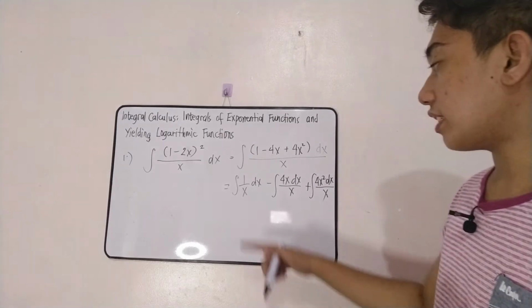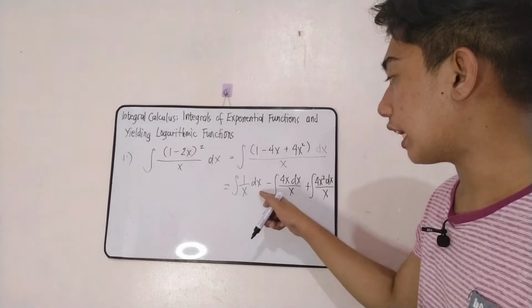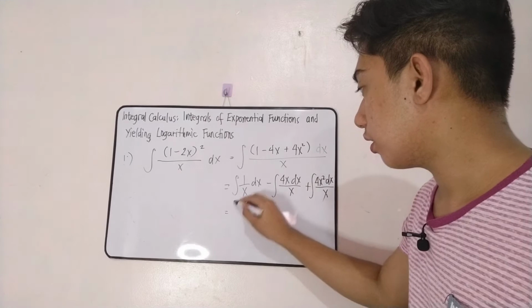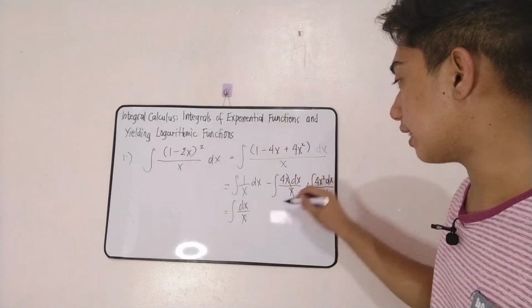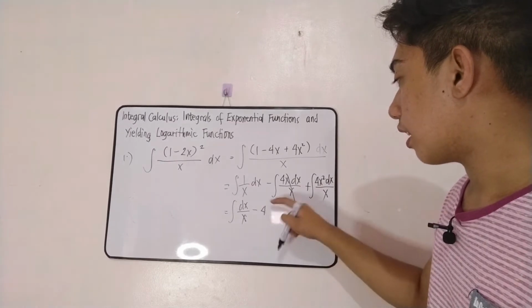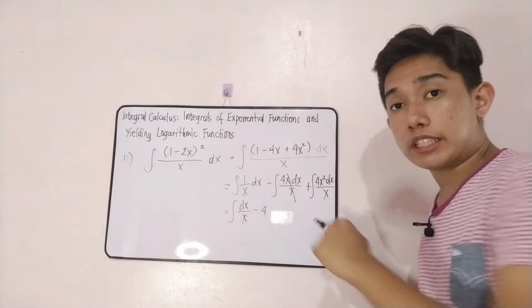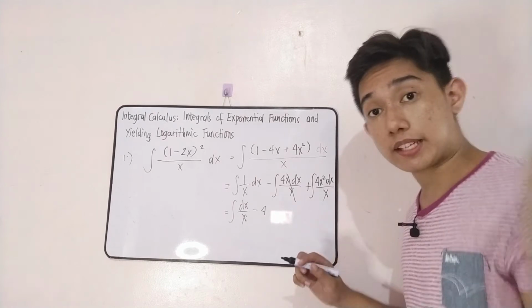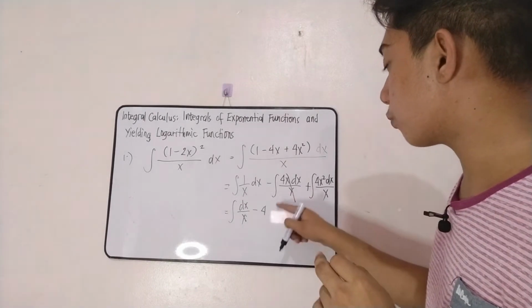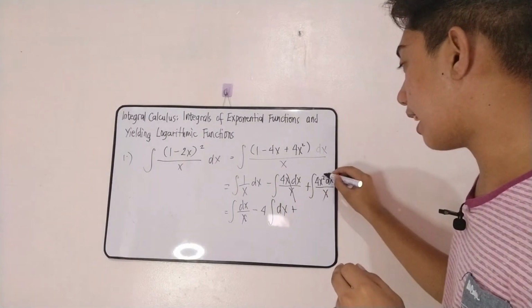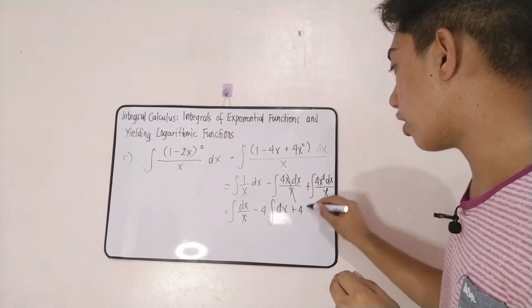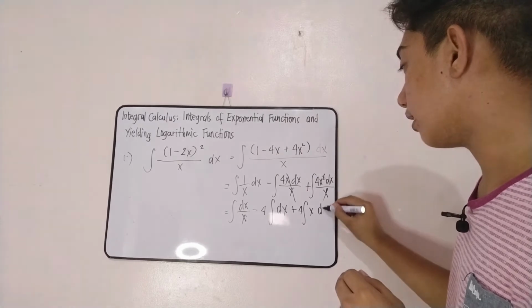With this case, I can make this the integration of dx over x. Then, I can cancel this one. So, this becomes, and let us take out this 4 by rule number 3 from the past video, 4 times the integration of dx plus, cancel again, 4 times the integration of x dx.